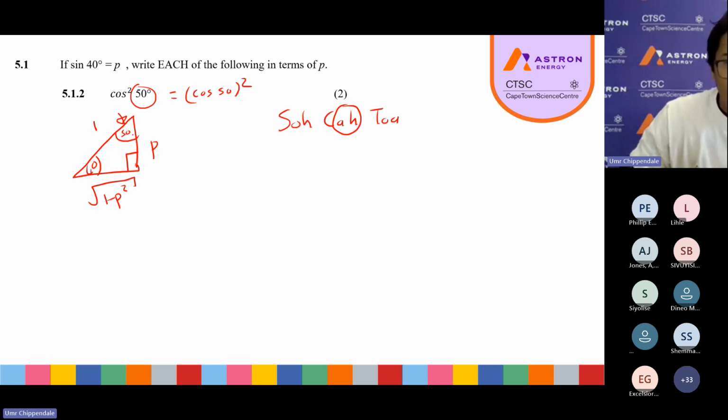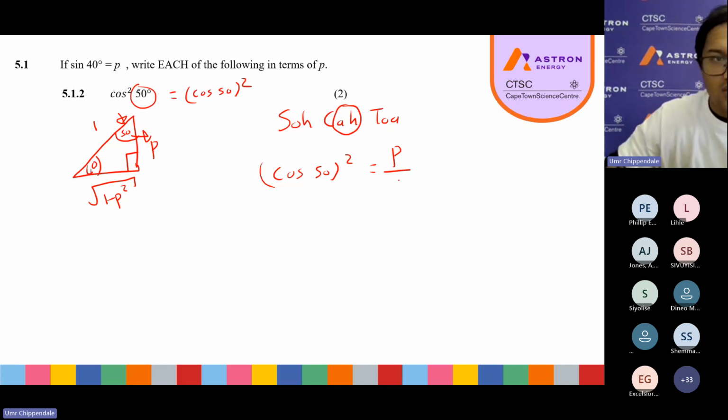So what is adjacent of this 50? Adjacent would be next to it. So it's this side over here. So that is going to be our cos squared 50. All right, so basically that is equal to our P, which is our adjacent, all over our hypotenuse. What's the hypotenuse? It's always opposite the 90 degrees, so it's 1. So it's that over there. But this is squared.